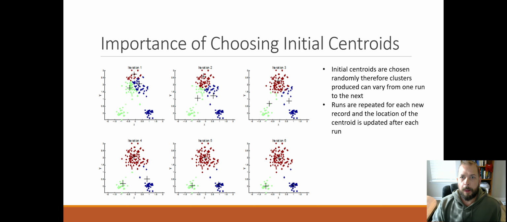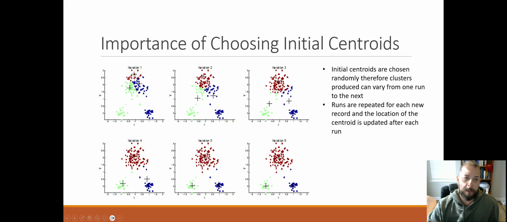So it's very important to choose those initial centroids and where they're going to be located. Initial centroids are chosen randomly, and therefore the clusters vary from one run to the next. When you say, in this instance, I want 3 groupings, 3 clusters, initially those 3 clusters are going to be selected randomly based on the data set.